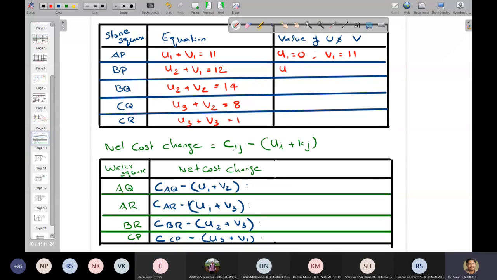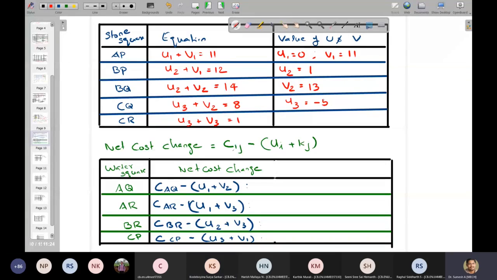Substituting the value of U2 in the next equation, you can get V2, which is 13. Substituting V2 here, you will get U3, which is -5. Substituting U3 in the next equation, you will get V3. The value is 6.